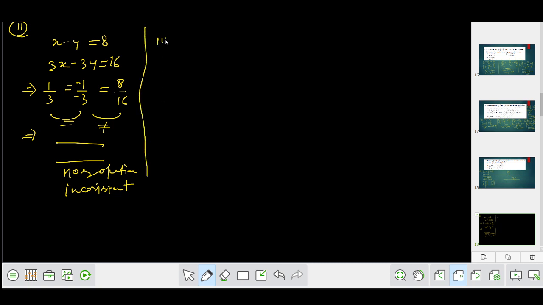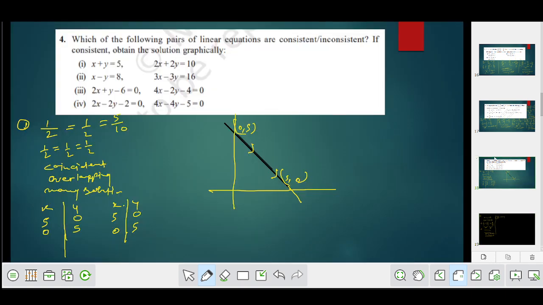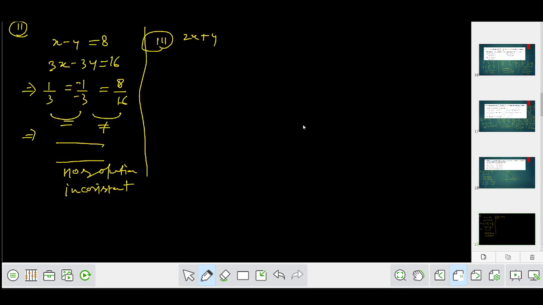Third, what is the third part? 2x plus y minus 6 equal to 0 and 4x minus 2y minus 4 equal to 0.